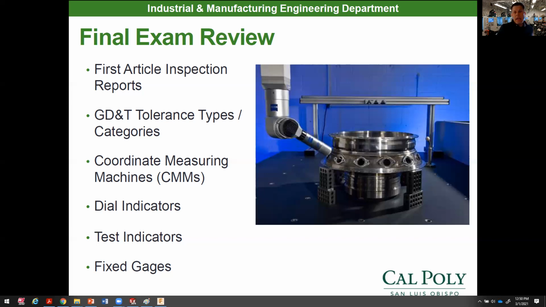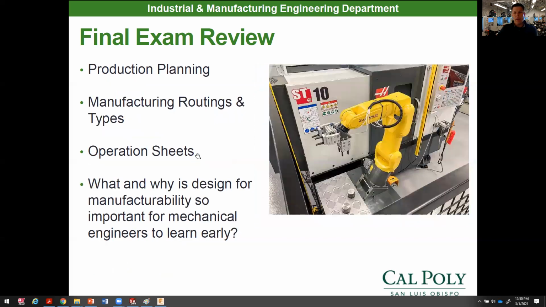So the go side has the maximum material condition in it, and the no-go side has the least material condition in it. So it's a really quick way where you can just check your part, go, no-go. You don't get a quantitative number. You get a qualitative answer of pass or fail when it comes to those fixed gauges.